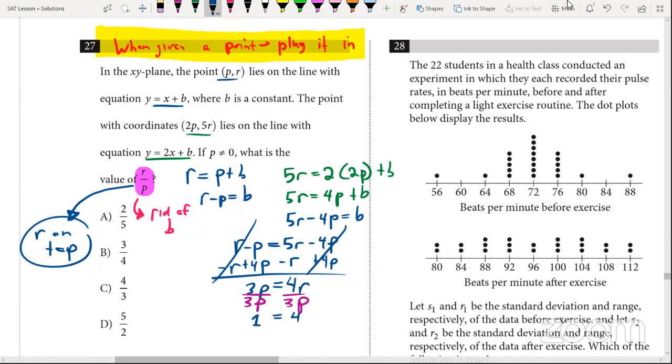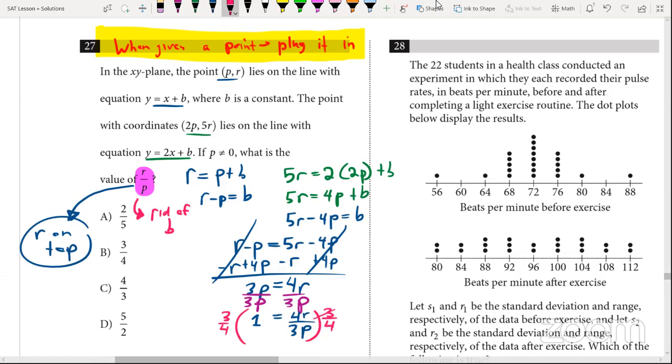And on the right, we have 4R over 3P. So we've got 4R over 3P. But we want R over P. So let's get rid of the 4 over 3 by multiplying by the opposite, 3 over 4.